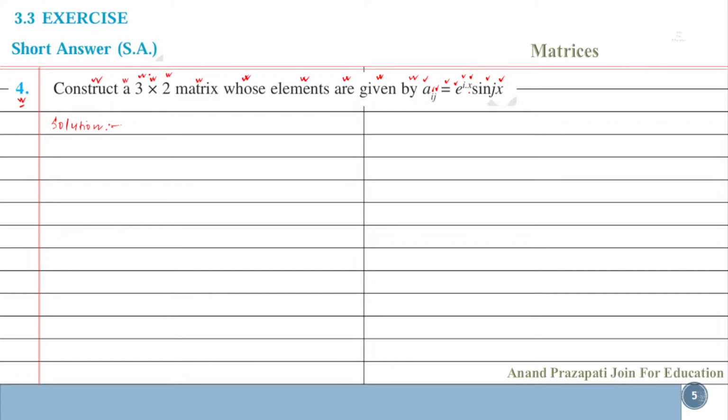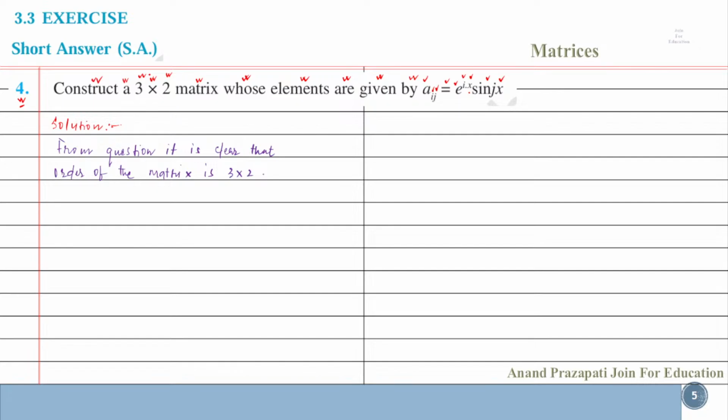From the question it is clear that the order of the matrix is 3 by 2.